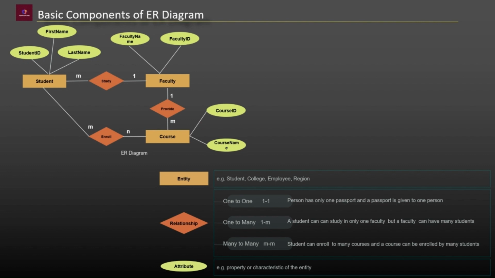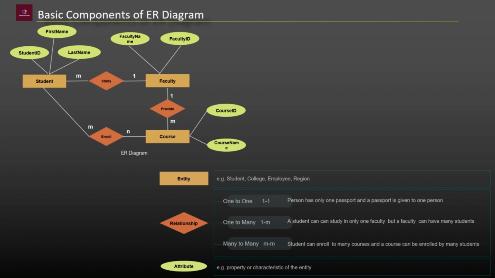We are going to start with the many to one or one to many relationship. As we already have some relevant scenarios in our presentation, you can see the cardinality between student and faculty is many to one. That means a faculty can have many students.